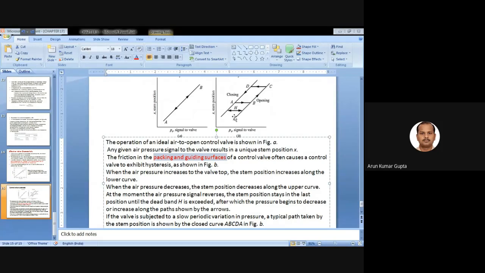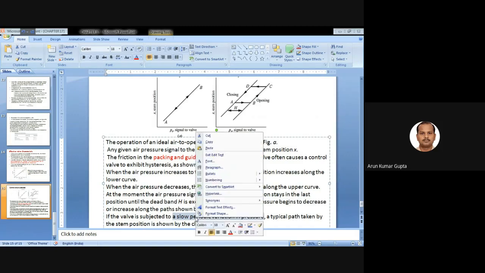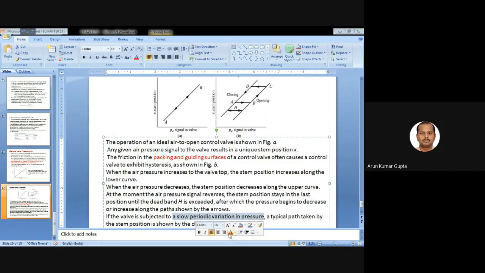Vibration means the stem position is itself moving up and down. Even then we observe this kind of behavior. With slow periodic variations in pressure, a typical path taken by the valve is also observed. You can observe that same path.